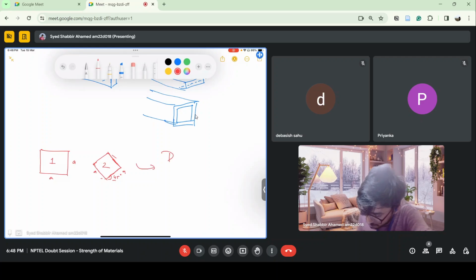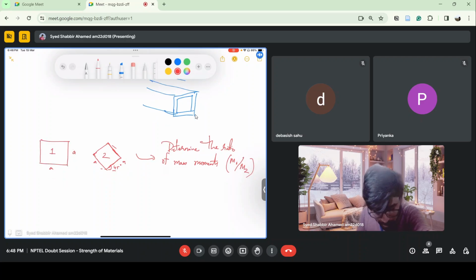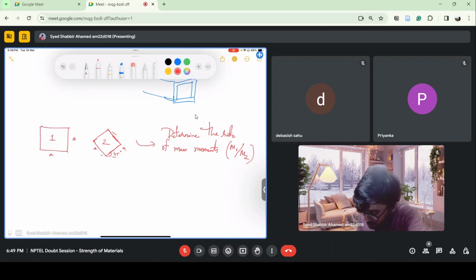Determine the ratio of maximum moments, M1 by M2, where M1 is for the first cross section and M2 is for the second cross section, for a beam of cross section given in these figures, when they are having the same bending stress.